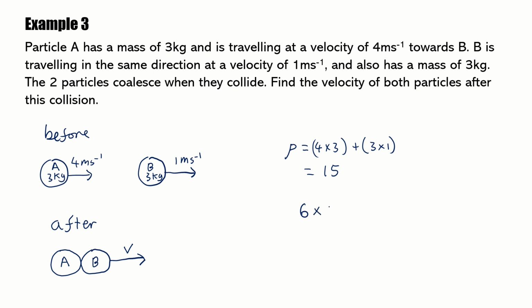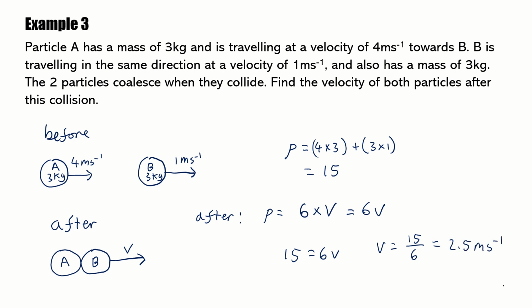And that one big object is therefore traveling with a velocity of v, so the momentum after the collision is just 6v. So therefore, we can now again set up the equation using conservation of momentum to then solve to find what v is. So v is going to equal 15 divided by 6, which is just, of course, 5 over 2, which is 2.5 meters per second. There you go.